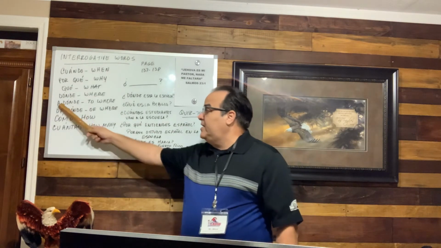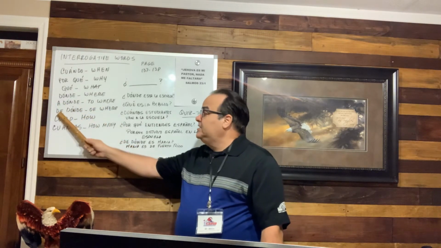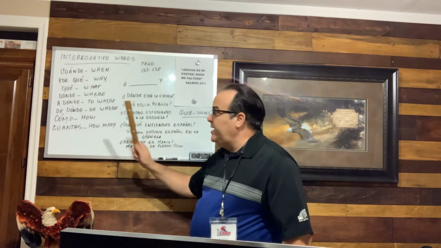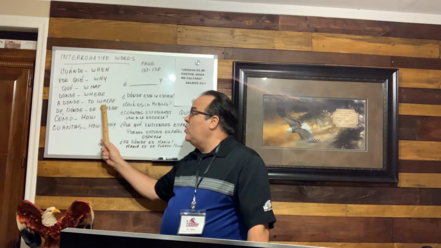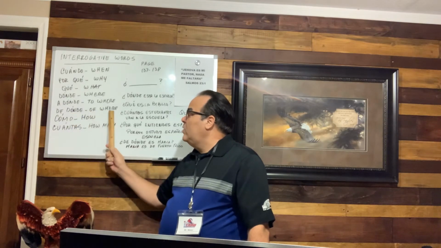That means where. ¿A dónde? That means to where. And then ¿de dónde? That means of where. So one more time: ¿dónde is where, ¿a dónde is to where, and ¿de dónde is of where.